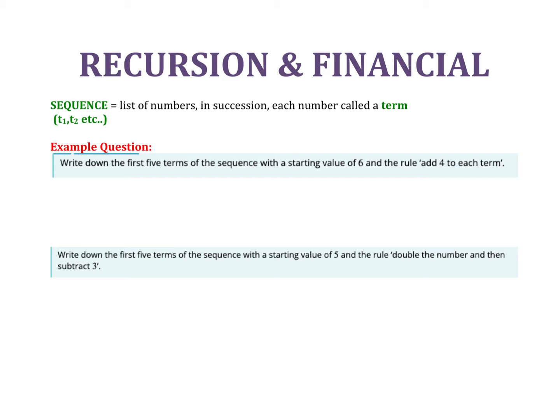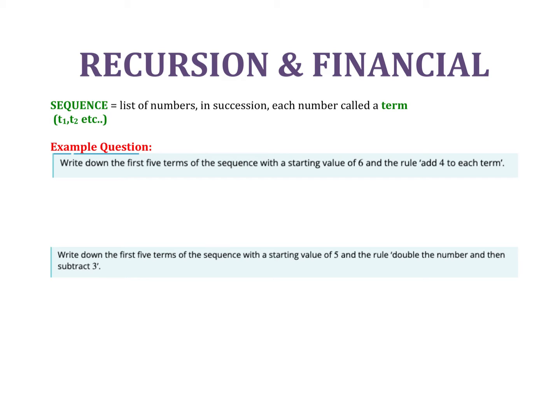So we start using this recursion language with financial problems, like compound interest and simple interest. It combines the two, so we're doing financial maths using this different language to explain the terms.